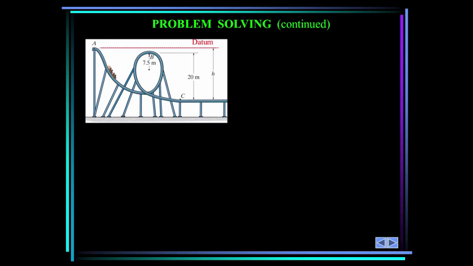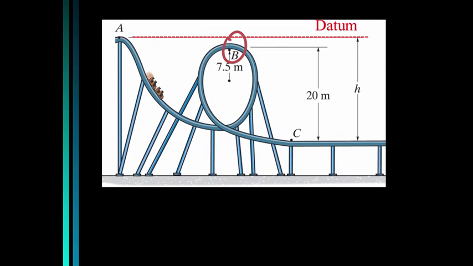So I just wanted to add a note about why the normal force at point B is 0. We were asked to give the minimum height h to ensure that the car won't leave the track at B. So let's imagine that h is a very large number, and the velocity at B is very, very high.